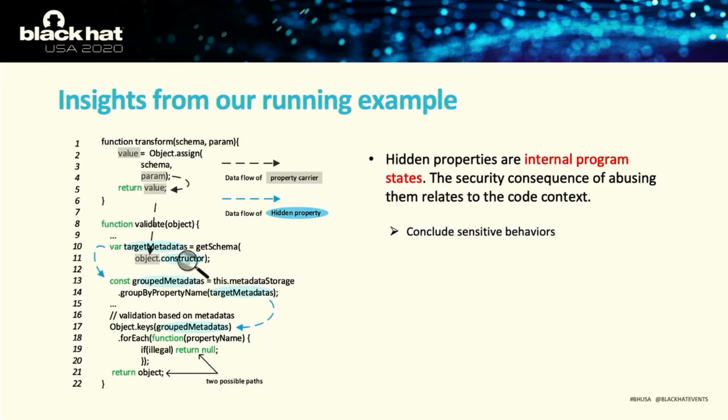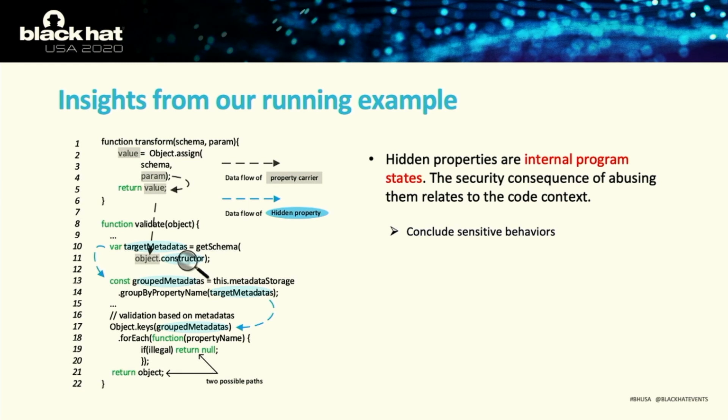Let's revisit our running example to see if there are any insights to guide us in designing such exploitation components. The picture on the left is the vulnerable code from our running example. As we have discussed many times, HPA exploits internal program states, which means its exploitation highly relies on the code context.